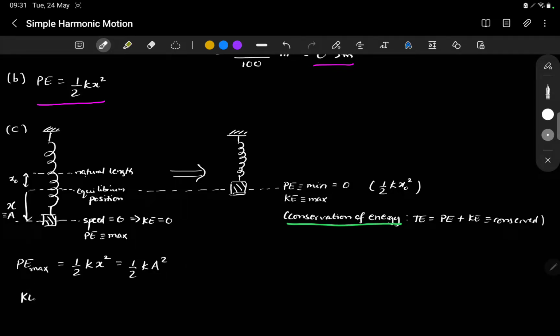And then we need to find out the maximum kinetic energy. Now from the law of conservation of energy, this has to be equal to the maximum potential energy. Why?